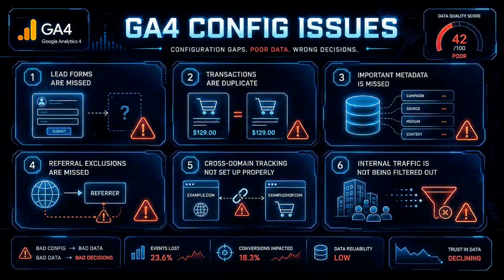Lead forms are missed. E-commerce purchases are duplicated. Important parameters are missed. Referral exclusions are not set up. Cross-domain tracking is not set up properly. Internal traffic is not filtered. Core GA4 settings are left on defaults that are not right for the business.